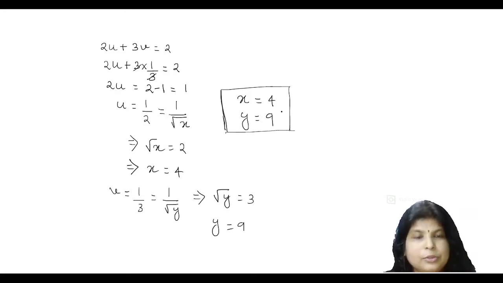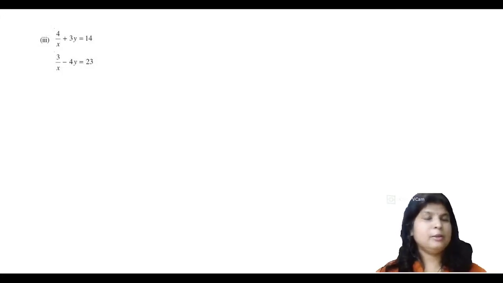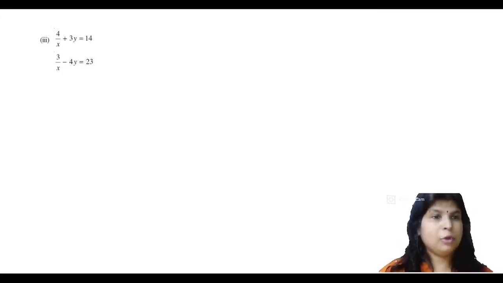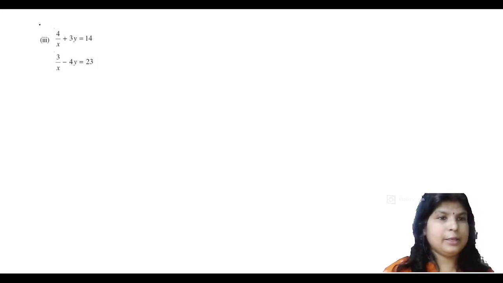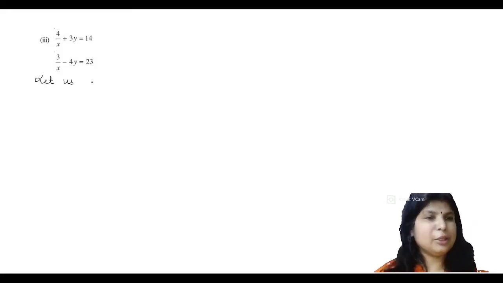Now let us go to the next problem, that is problem 3. 4 by x plus 3y is equal to 14. 3 by x minus 4y is equal to 23. So here what we can do, we can just substitute the 1 by x as any of the variables.